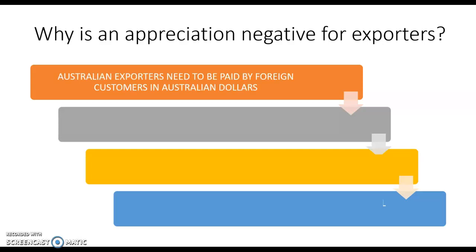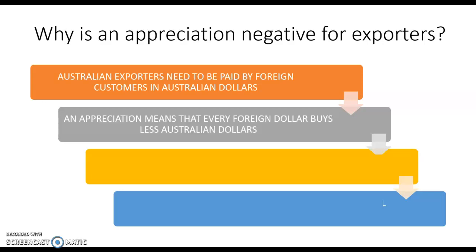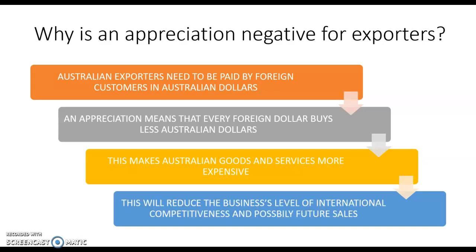However, an appreciation is actually negative for Australian businesses that are exporters. And this is because Australian exporters need to be paid by their foreign customers in Australian dollars. An appreciation means that every foreign dollar now buys less Australian dollars than it did before. So this makes Australian goods and services now relatively more expensive than they were before the appreciation.